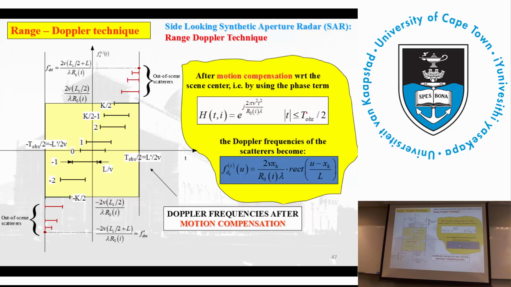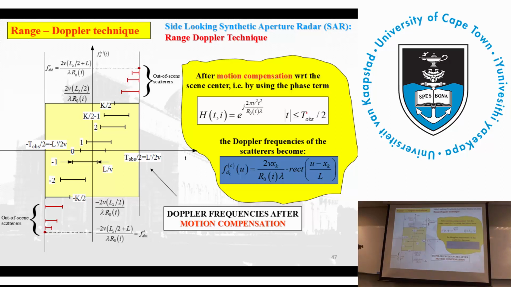And they are shifted in Doppler because of this position here. So this slope here depends on the velocity of the platform. So the faster the velocity, the steeper this slope will be.